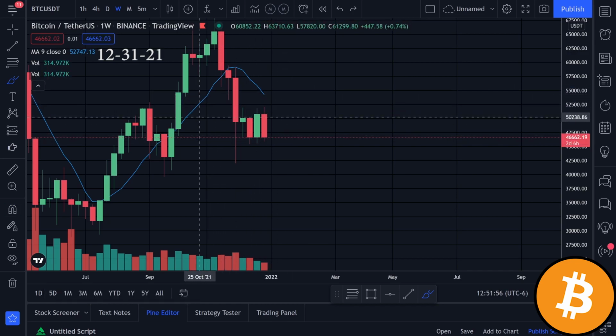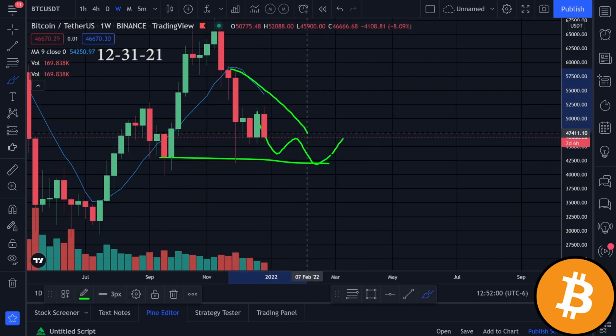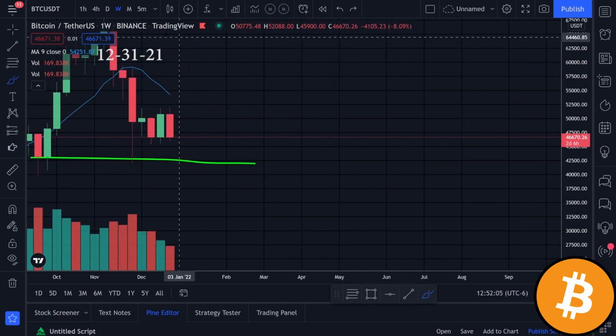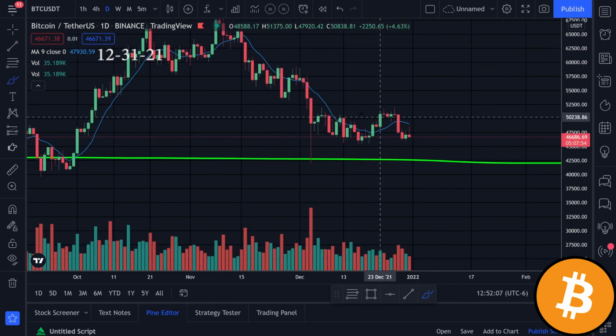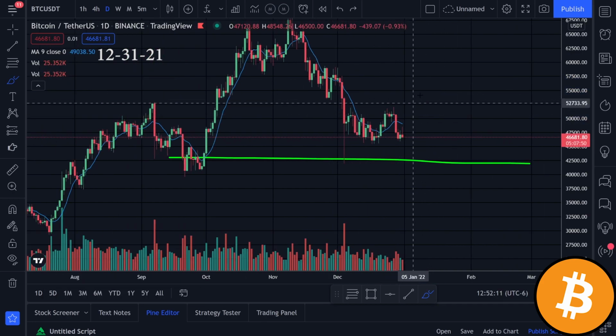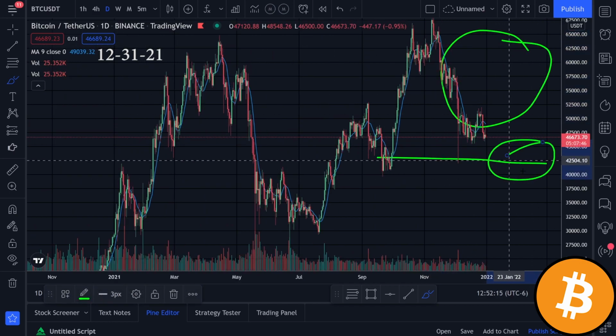So what I'm thinking is we might come down to this 41 level, maybe get some support on that, and then we can break through it. But we're going to have to wait and see till we get there. It just depends. If we start forming this W and break above that, then I'm going to start looking at maybe staying more in this area as opposed to going down lower.